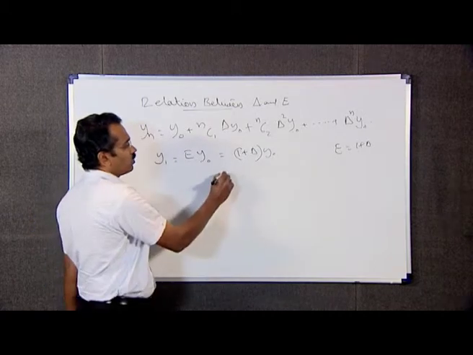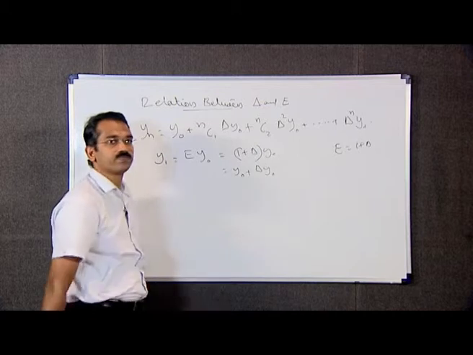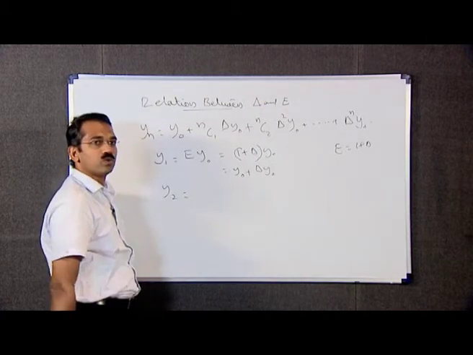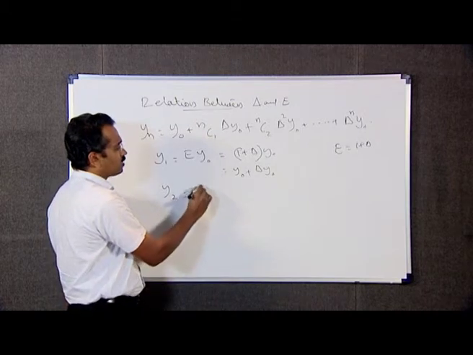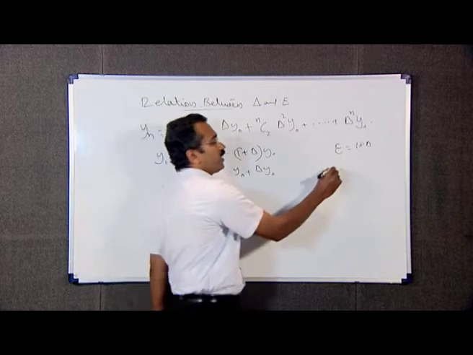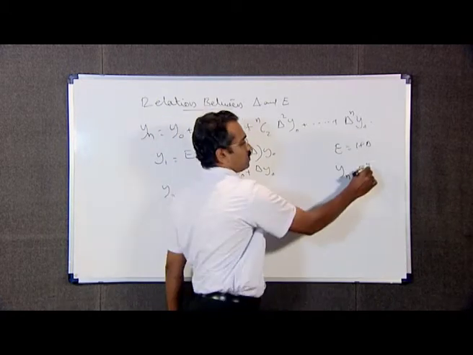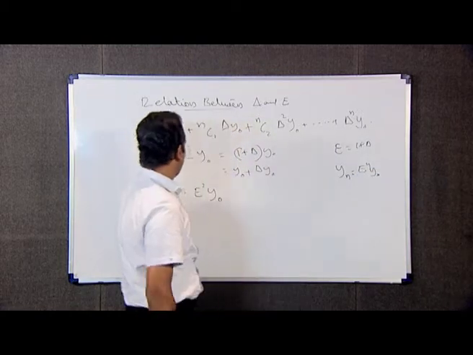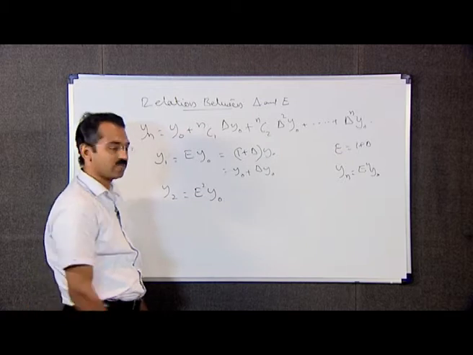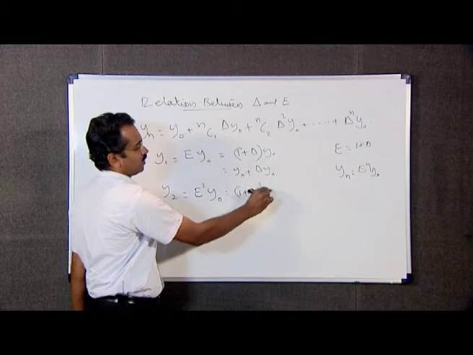That is equal to y naught plus delta y naught. y2 is equal to E square y naught. We have yn is equal to E raised to n y naught. Therefore, y2 is equal to E square y naught, that is 1 plus delta whole square y naught.